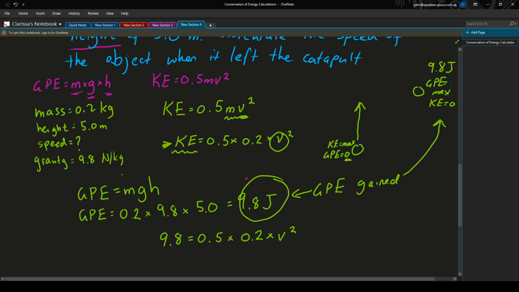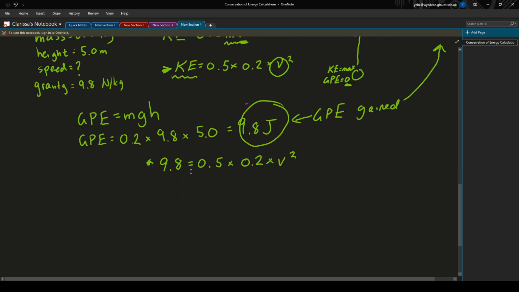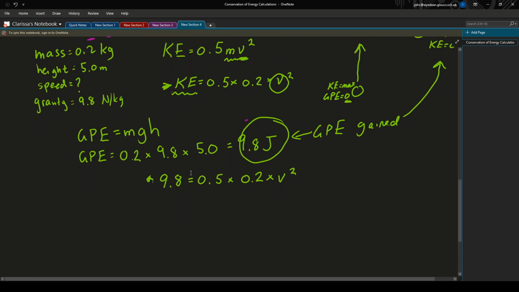So, all I've done here is substitute in my 9.8 for my kinetic energy, because even though I calculated 9.8 for my gravitational, I know it needed to also have been my kinetic, because that's where our gravitational potential energy came from. It came from the kinetic energy store.